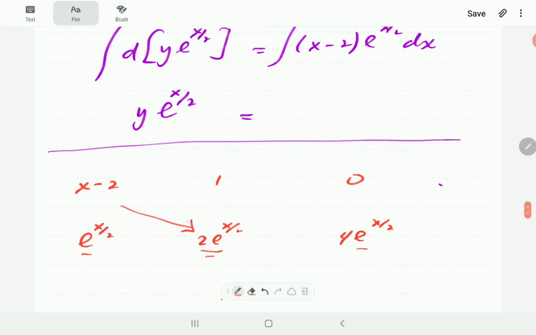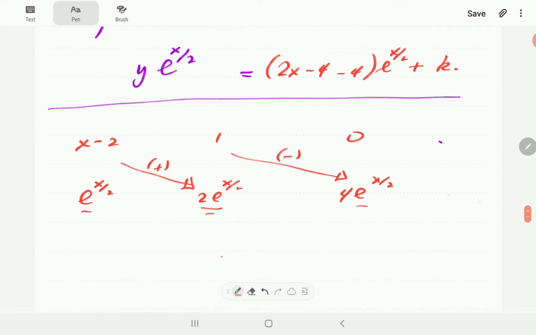And then we match them. The first pair is going to be plus. The second pair is going to be minus. Okay, so if we do that on this right hand side, we're going to have 2x minus 4 minus 4e to the x over 2 plus a constant.